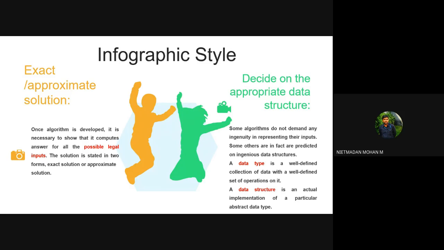So next one, design of an appropriate data structure. There will be n number of data types, I will explain. If the input is given as an integer, and the program is written so that the input is an integer, then you need to give the input value as an integer value.